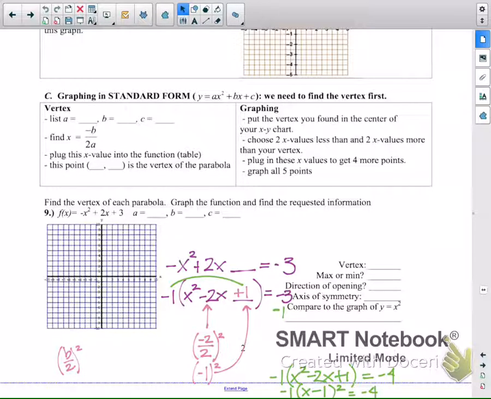The last thing that you do in order to make this vertex form is move that 4 back over to the left. So my vertex form for this is y equals -(x minus 1) squared, and because we moved the 4 back to that side, what do we get?